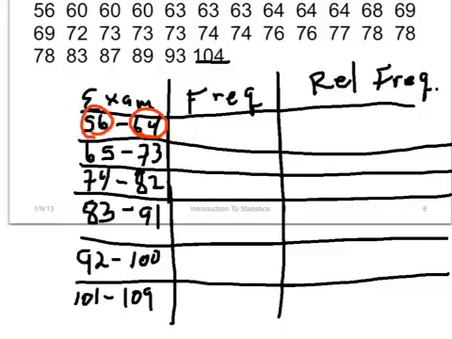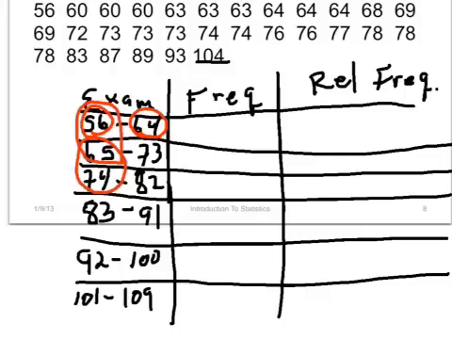And when we want to check the class widths, we have to take the difference between the lower limit in one bin and the lower limit of the next bin. So notice if I take 65 minus 56, I have 9. So the bin width is 9. And I keep doing that for all of these, and notice that all of them will have a bin width of 9.